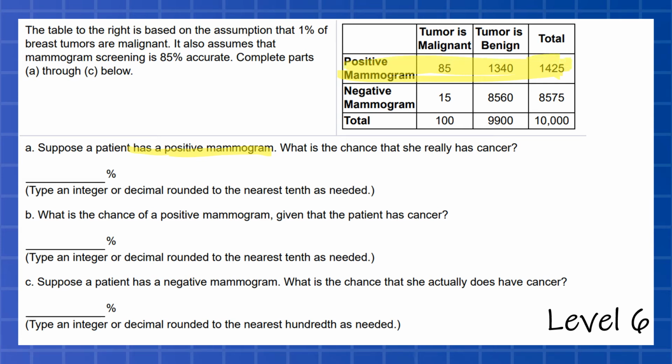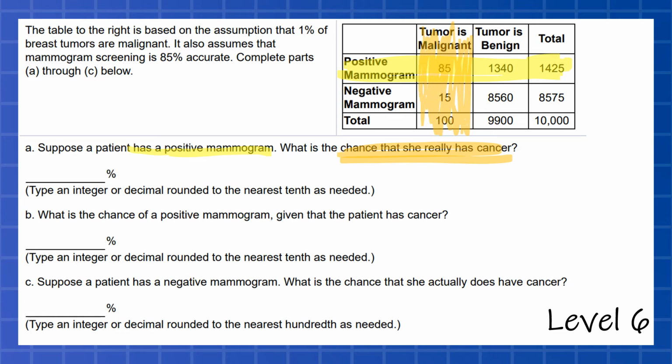So we focus on whatever row or column we're talking about. Then the next thing we do is ask what section of that column we want. It says, what is the chance that she really has cancer? When we say cancer, in this case, we're going to use the word malignant as interchangeable for cancer. That's not necessarily a one-for-one, but I wanted to use it anyway.